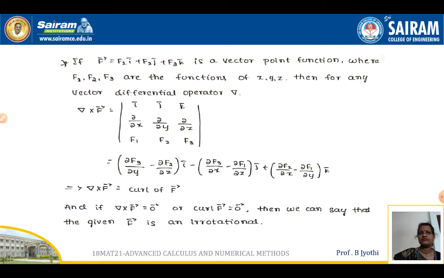Grad is defined for a scalar point function, but grad phi will be a vector point function, whereas div is defined for a vector point function, but it will be a scalar quantity, whereas curl of f or del cross f is defined for a vector point function, but the result is also going to be a vector point function. These are the things which we need to remember for the operations.